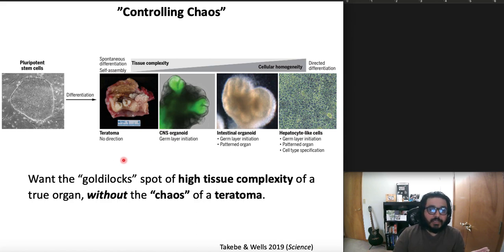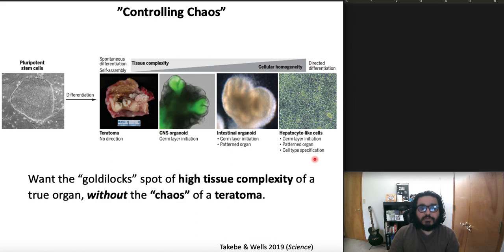So it's this idea of trying to get the Goldilocks zone, where it's not too much, not too little, where you have enough tissue complexity to actually mimic what the true organ would be, but without too much chaos, where you get way too much variability from one organoid to another, where you really can't compare results accurately, or the organoid itself is just too uncontrolled, and you don't get what you want at all.